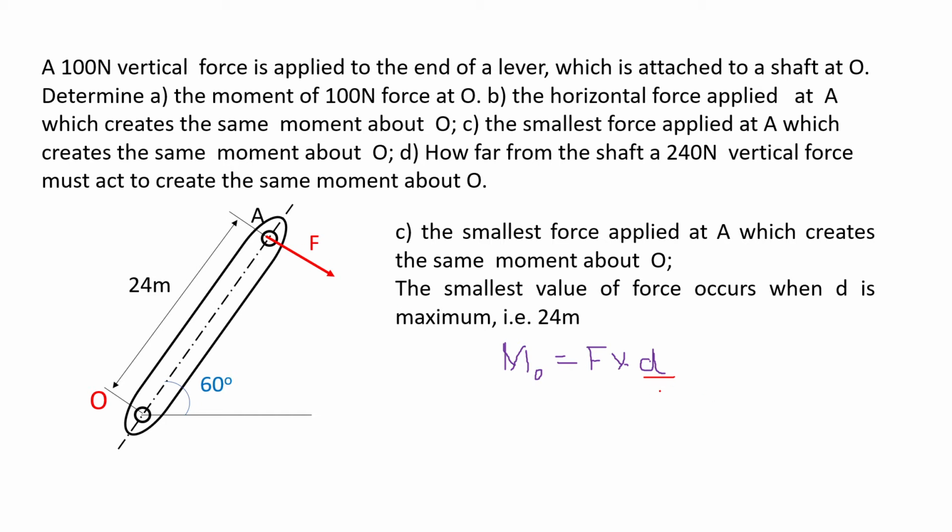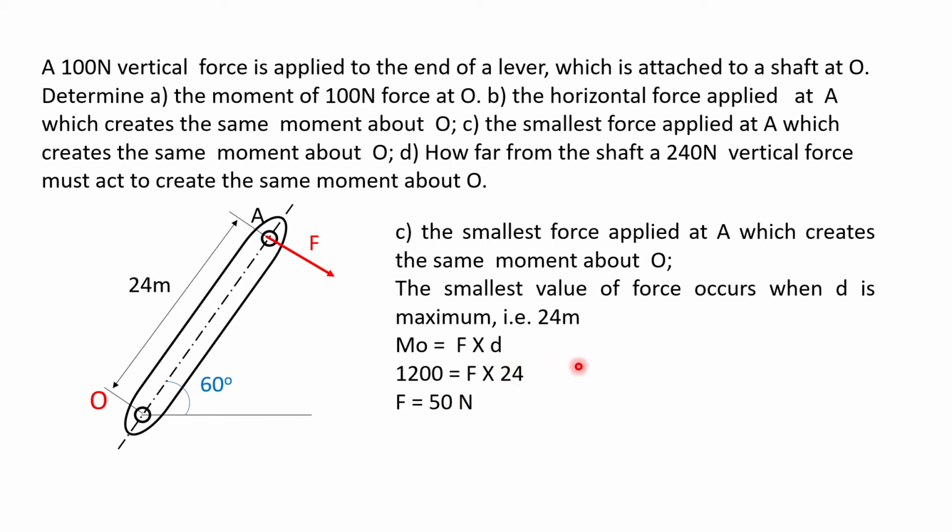So we replace d by 24, and the value of M_O, the moment about point O, is already the same, that is 1200. Then we can find the unknown value of F. You can do the calculations yourself. We get the value of F as 50 Newton.